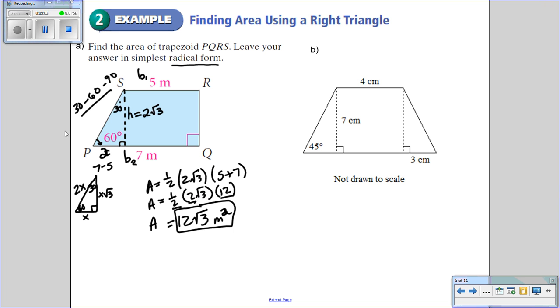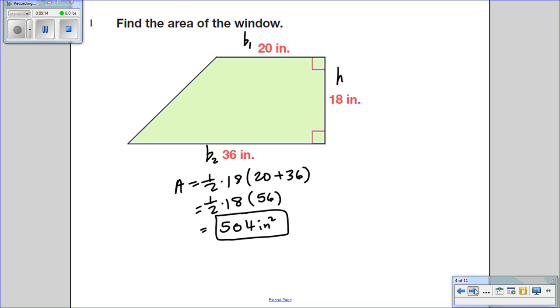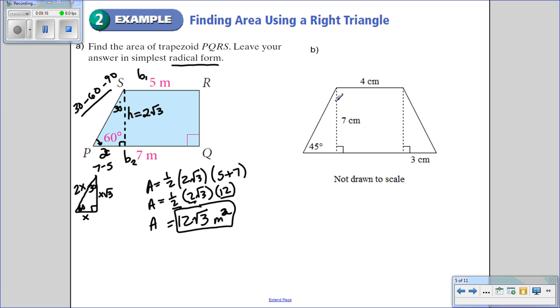So that one used a 30, 60, 90 right triangle. We had one back here that used the Pythagorean theorem in that previous example. All right, let's try example B here. This is base 1. Now this whole thing here is base 2, which I do not know yet.